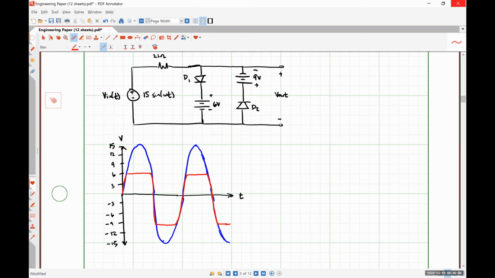Now, what happens if we don't have batteries readily available? What could we do? We could replace our batteries with Zener diodes because they have effectively the same characteristic.